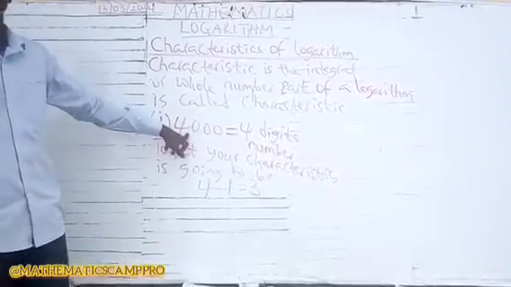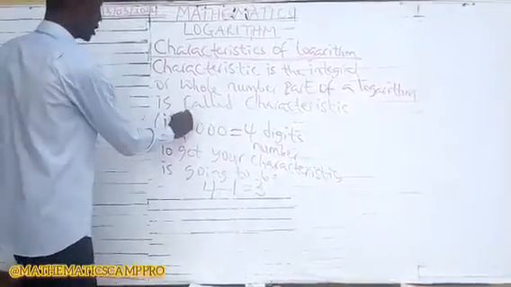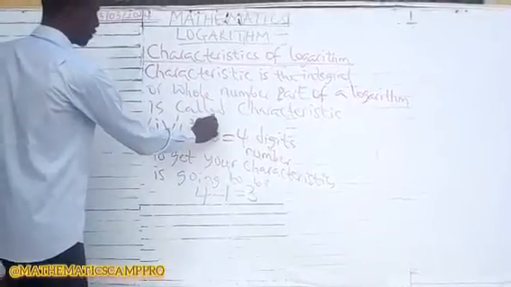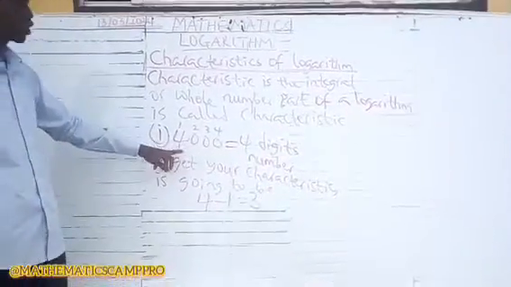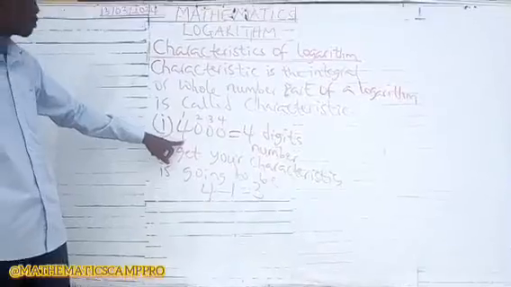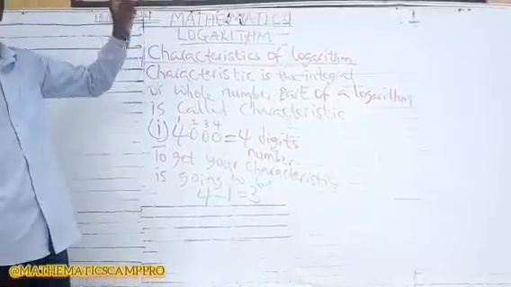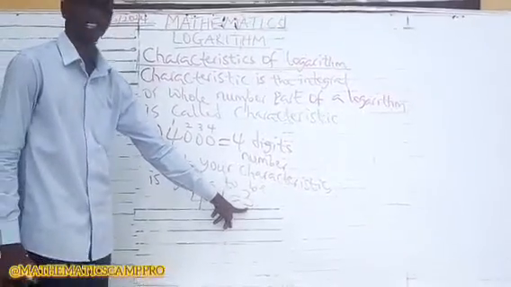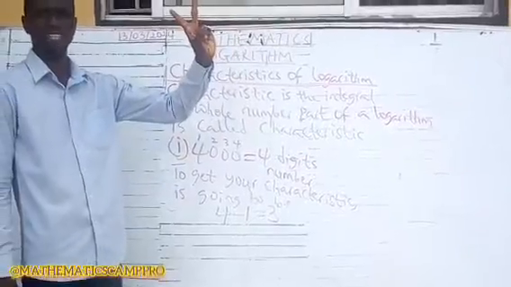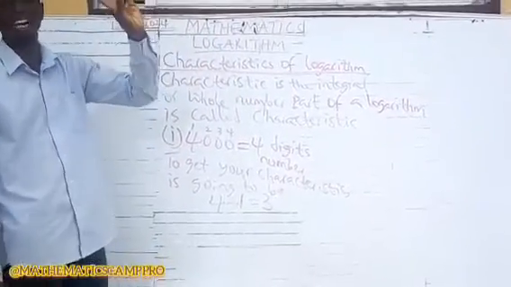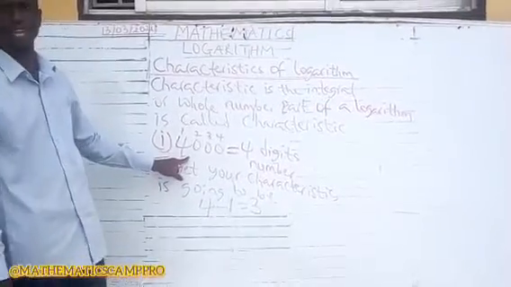We have 4,000 on the board, and if you count it again, this is 1, 2, 3, 4, making it a 4 digits number. For you to get your characteristics, it is going to be simply the total number of digits minus 1, and that is, the characteristics is going to be 3. I said there are 2 ways by which you can get the characteristics of a number. This is the first way.